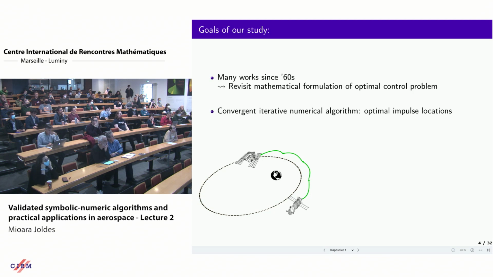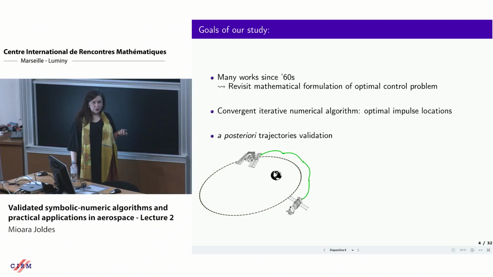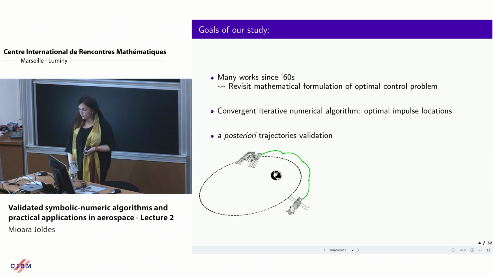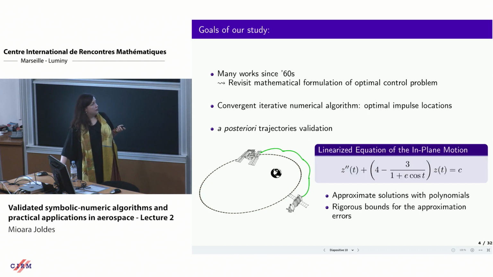But these are numerical convergent algorithms in real numbers, and we would like, of course, to validate afterwards that the numerical solution is good enough for the purposes that we have. So then the equation finally that we want to validate is something like this.